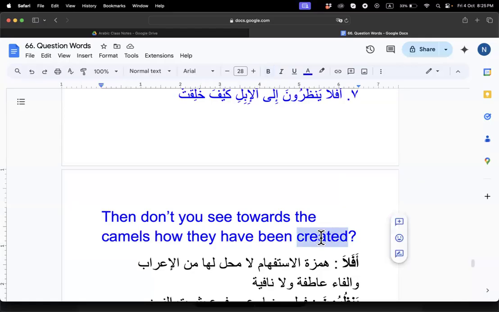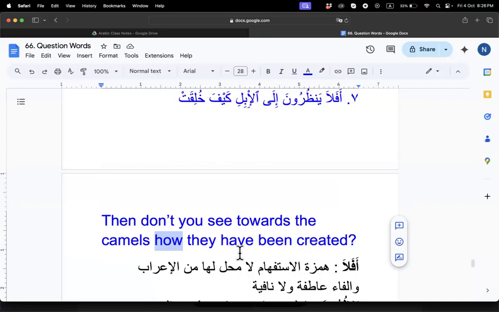And this is maybe, if you think about it, more like the maf'ul mutlaq rather than the hal. The word how makes you think of hal. But if you think about the rest, how we translate they have been created, or even how it was created, it sounds more like the maf'ul mutlaq than the hal.